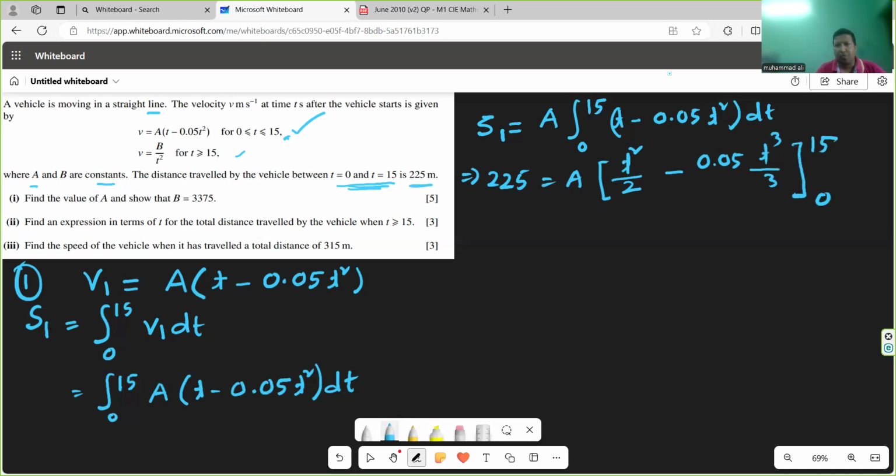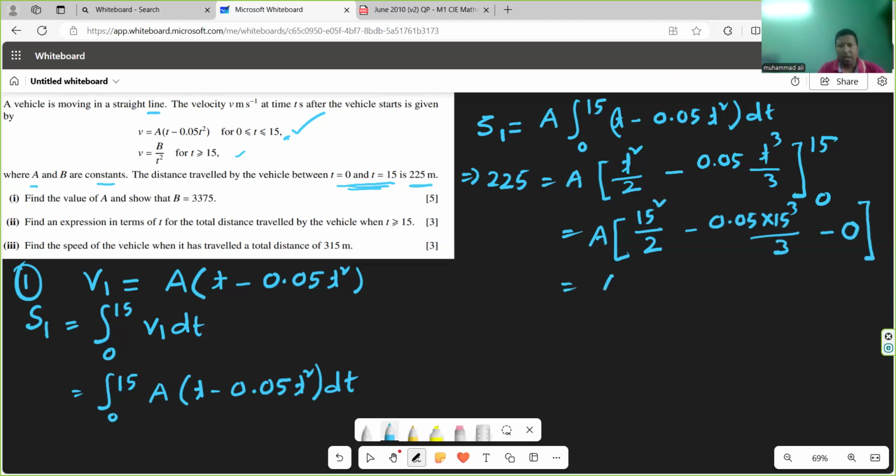evaluated between 15 and 0. Now, if we put in the upper and lower limits, it will be 15 squared divided by 2 minus 0.05 times 15 cubed by 3, minus the lower limit 0, where the whole part will be 0.